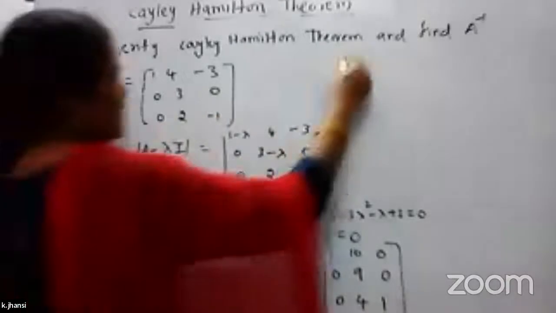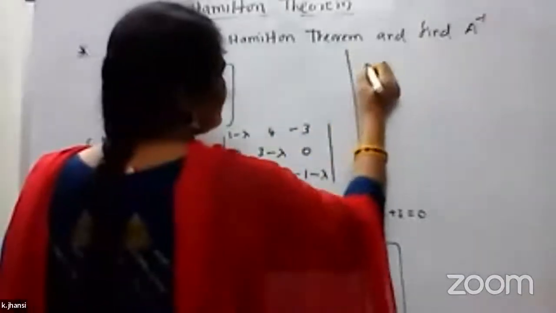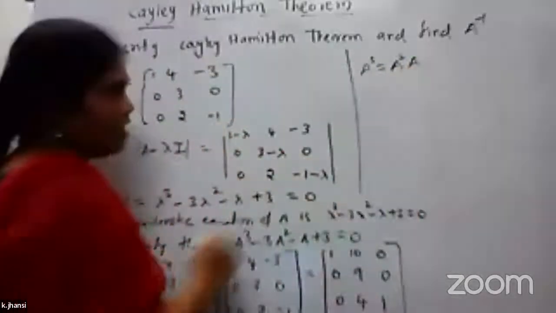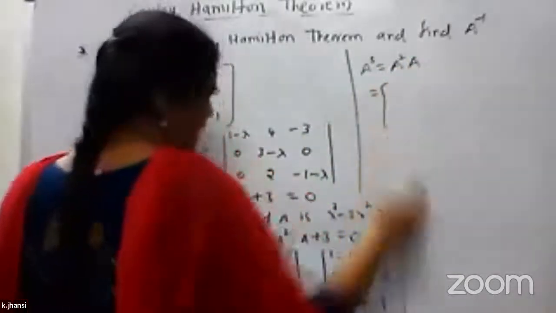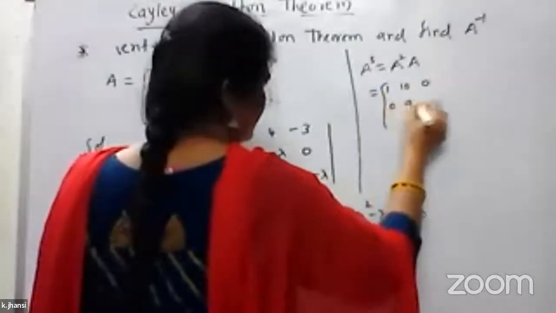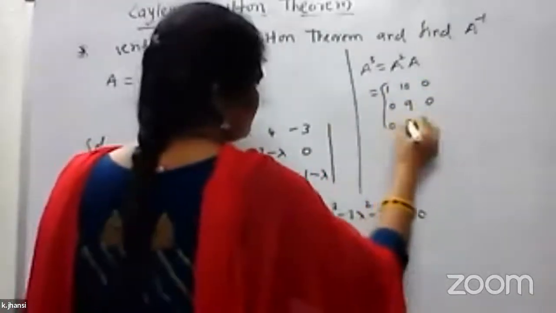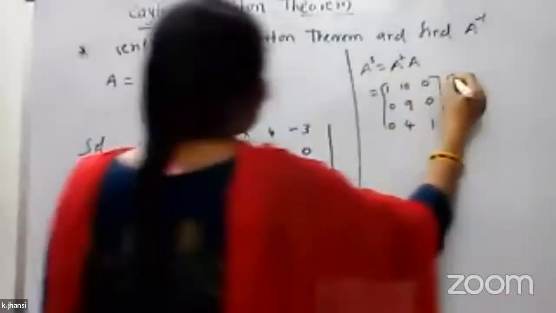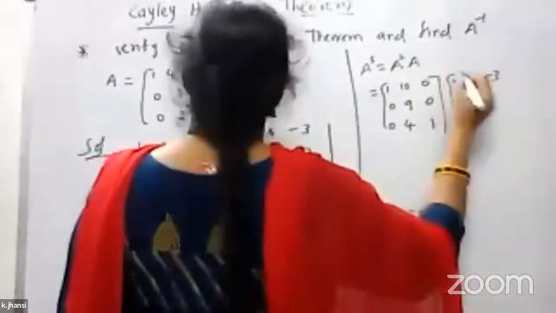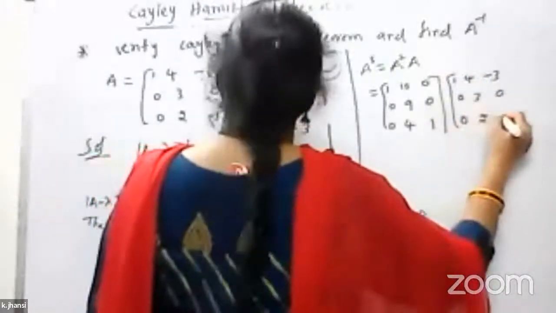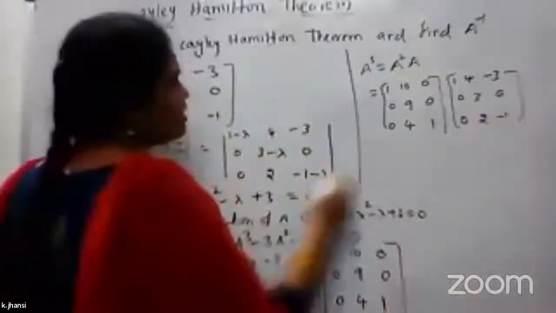Next we need A cube value. That is A cube is equals to A square into A. So A square is 1 1 0, 0 9 0, 0 4 1, and next you multiply with 1 4 minus 3, 0 3 0, 0 2 minus 1. Okay.